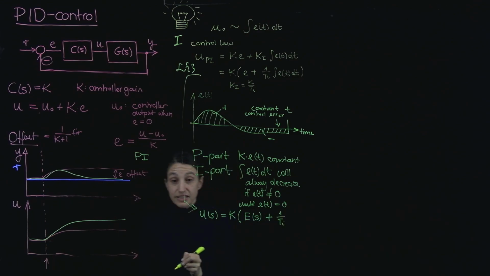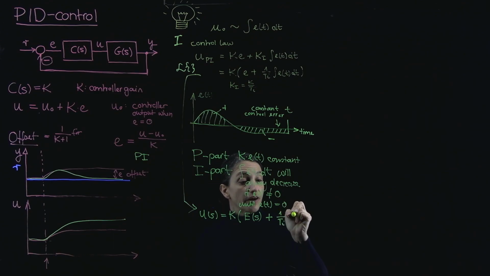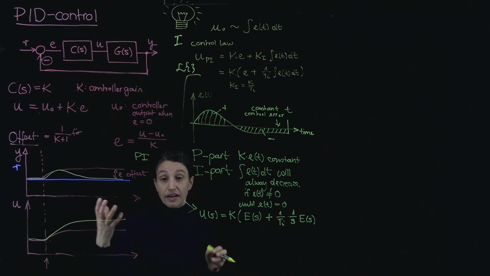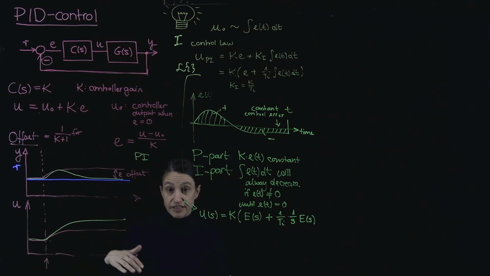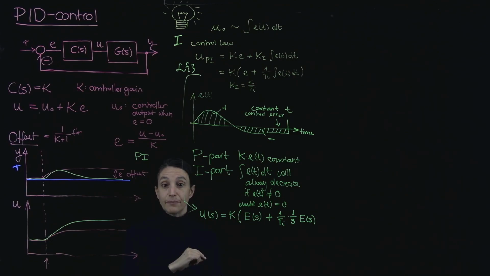Now, what is the Laplace transform of an integration? You can look it up in your lookup table, and you will find it is 1 over s times the function. Or you can think about it by having a function dx over dt equals y.